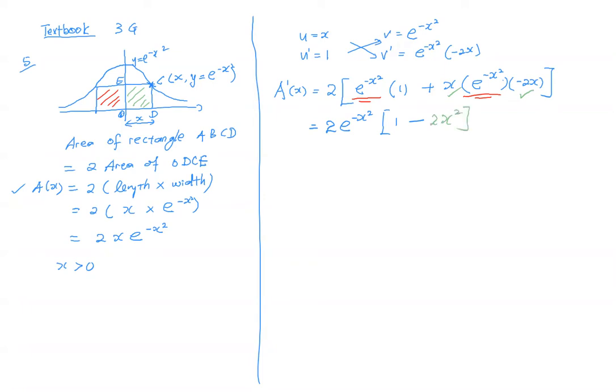Got it? Next step, you equate to 0 because maximum and minimum happen when the derivative is 0, meaning the rate of change stops changing. So the rate of change is 0. So we know that 2e to the power negative x squared equal to 0 has no solution.